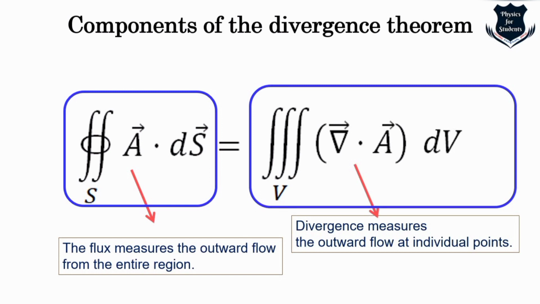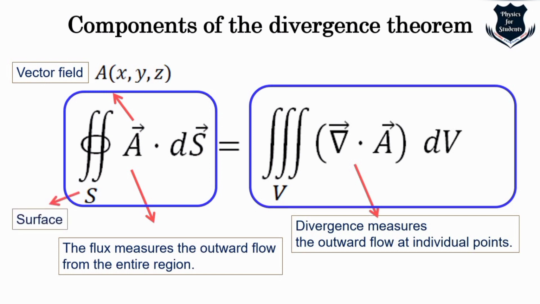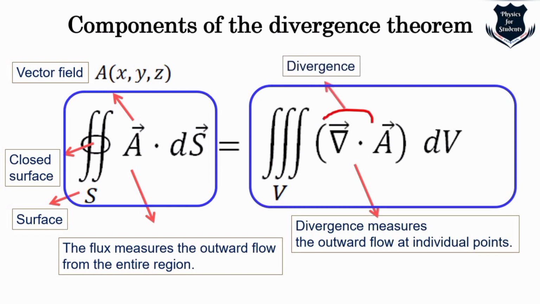So this is outward from the entire region, and this is for the individual points. This one is the vector field. Because it is 3-dimensional, for easier understanding I made it x, y and z. This is obviously the surface, the closed surface. This part, which I have made a kind of red hemisphere, is the divergence. And this is the tiny bits of volume V which you're adding up.